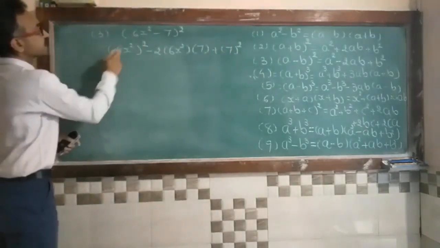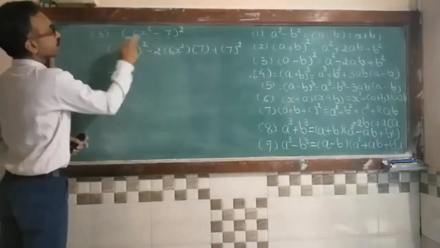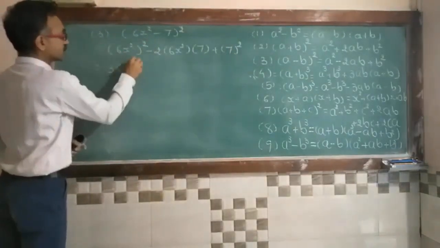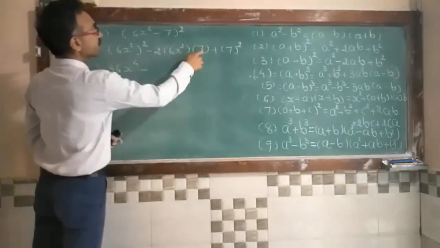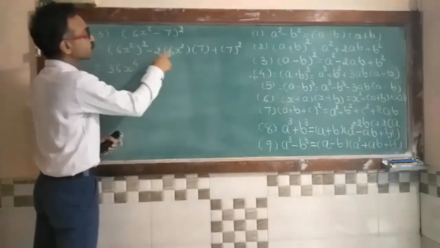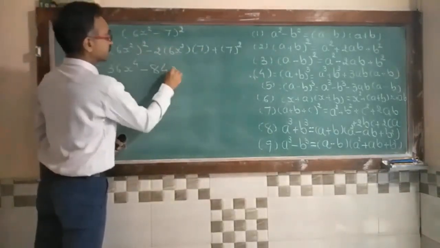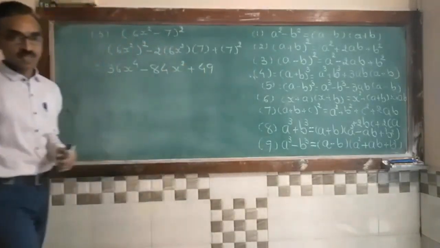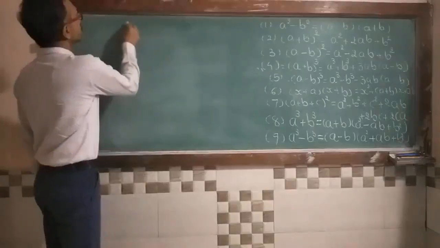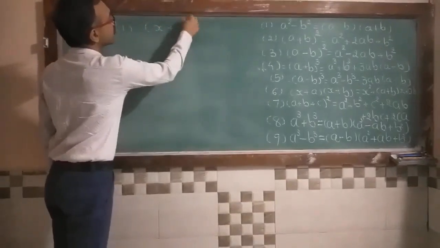So the answer is 6 square is 36, x square raised to square, so 2 2s are 4. So 36 x raised to 4 minus 7 6s are 42, 42 2s are 84 x square plus 7 square is 49. Suppose you are given x plus 5 whole raised to cube.